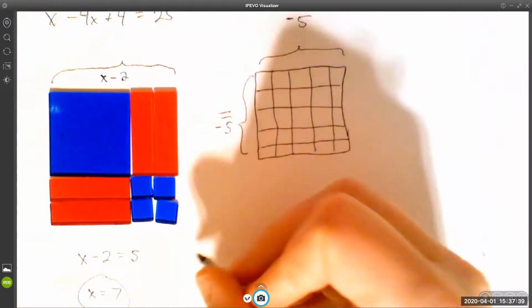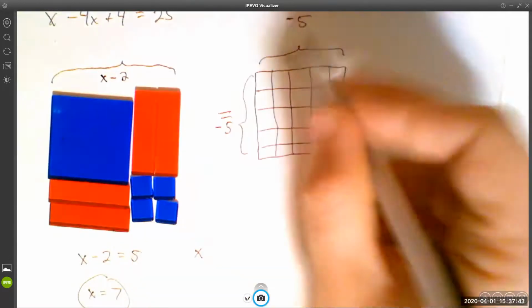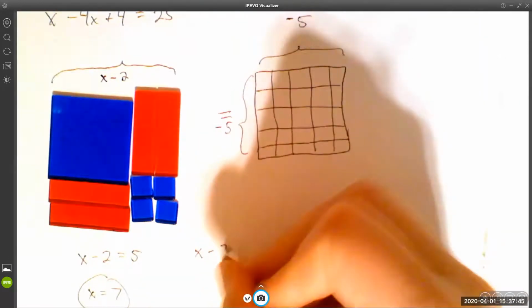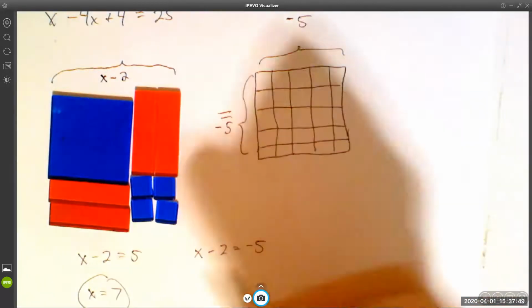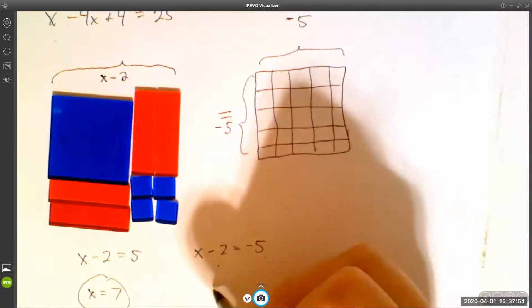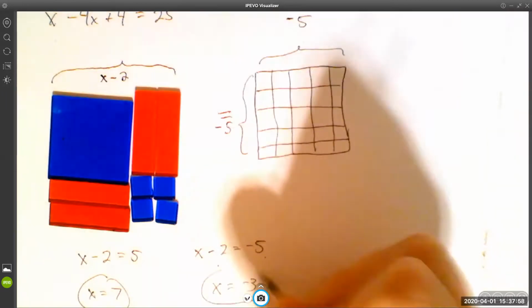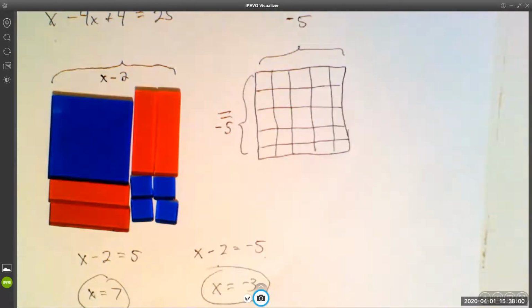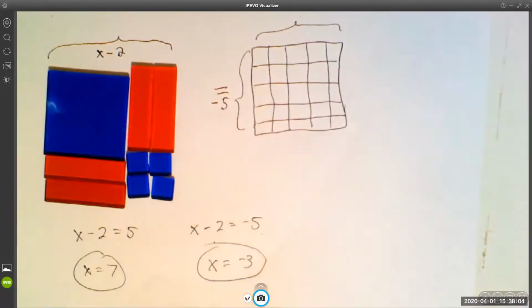And so another possible solution is that x minus 2 equals negative 5. And then you finish solving that one, so you would add 2 to both sides, you get x equals negative 3, right? So those are the two possible solutions for that particular problem, okay?